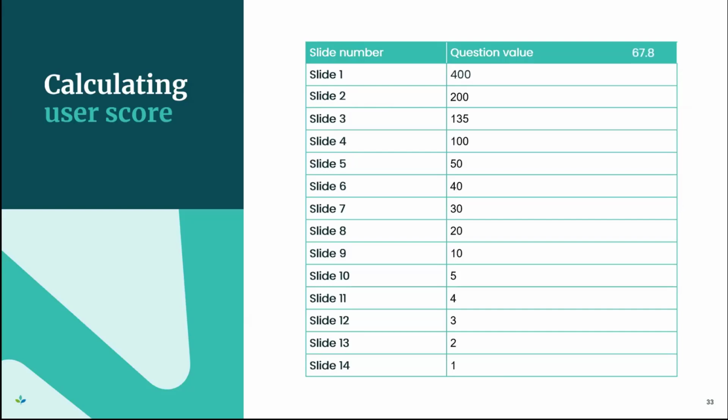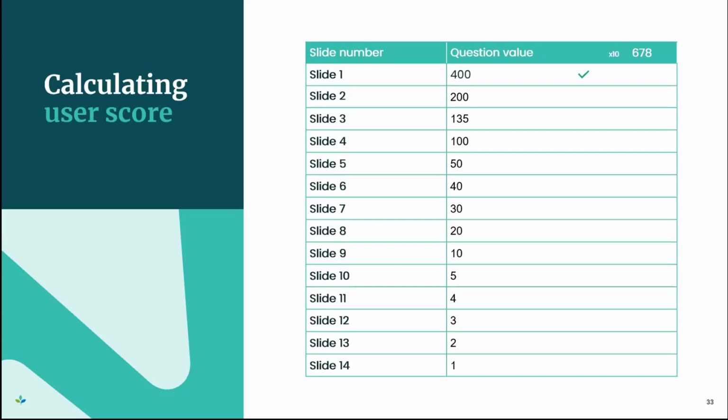Because we're calculating this score out of 1,000 rather than out of 100, my first step will be to multiply this score by 10 to give us a value of 678. Since 678 is greater than the value of my first question slide, I will mark this slide as correct.